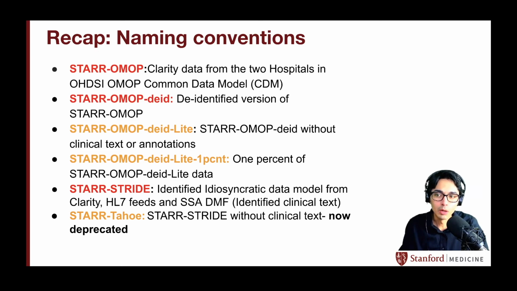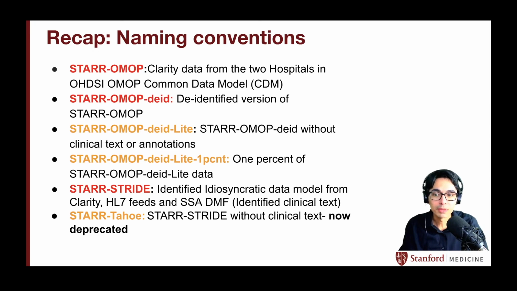Third, we have STAR OMOP DID Lite. That DID Lite contains all data that is in STAR OMOP DID, except clinical notes or any free text field. All free text fields from that data set are removed, which makes it a medium risk data set.